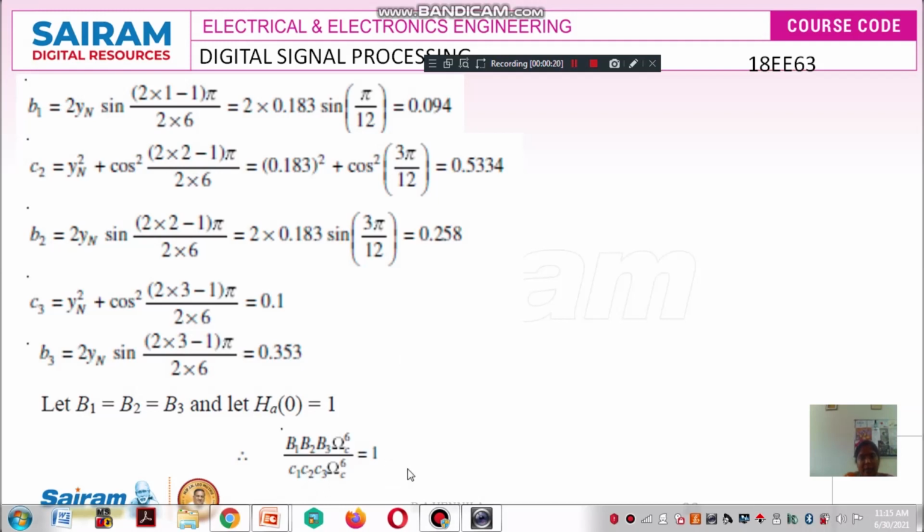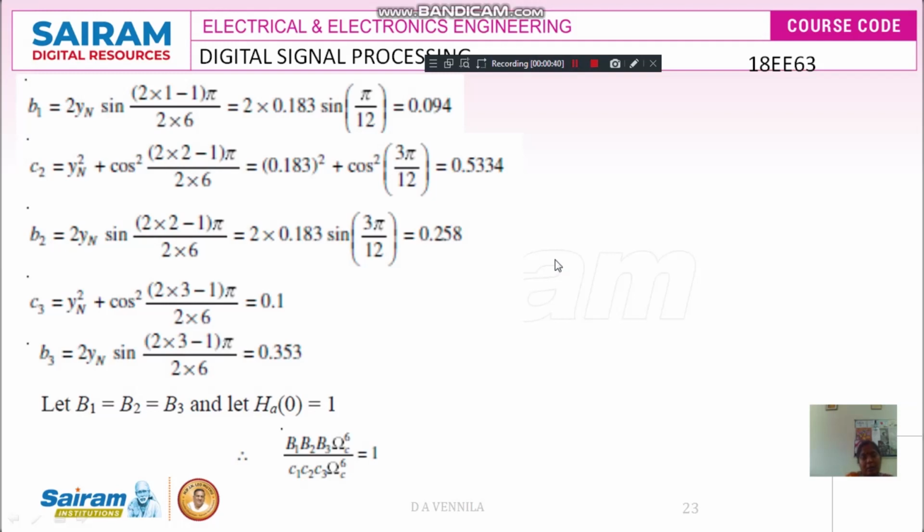If you equate b1 b2 b3 omega c6 to c1 c2 c3 omega c6, this omega c value we have already calculated. Using that, we are going to find the b1 b2 b3 values here.